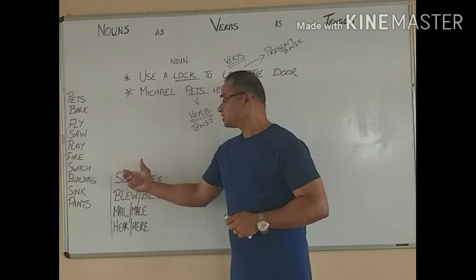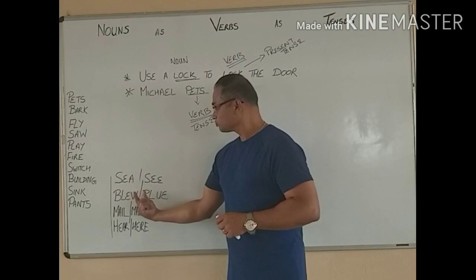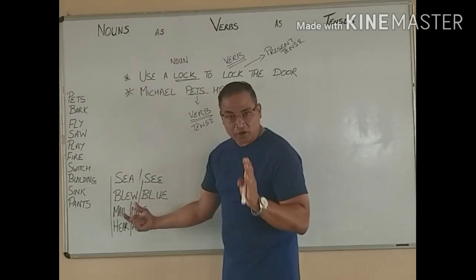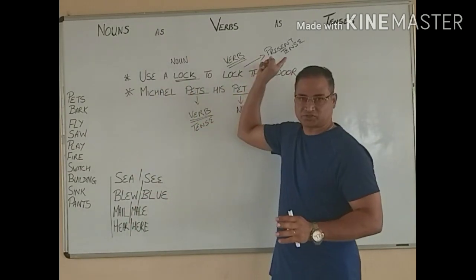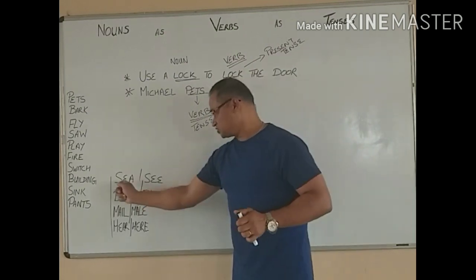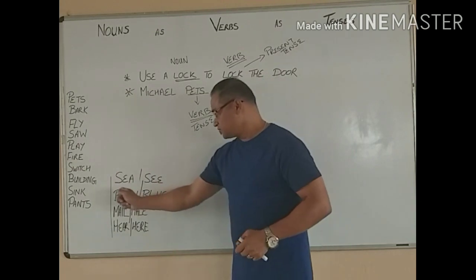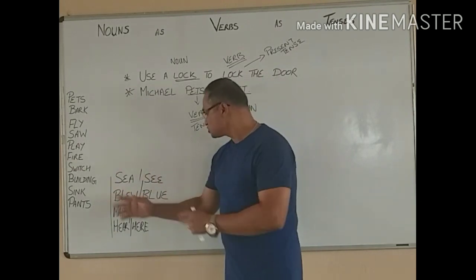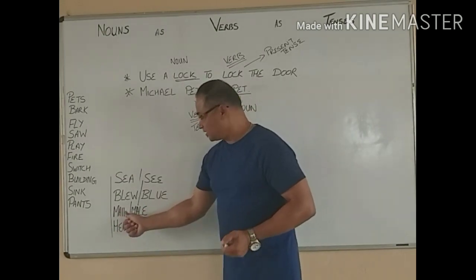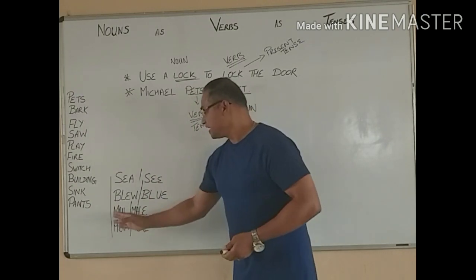Now, my dear friends, I have a small list of words here which sound the same but are totally different. And these words cannot be used like this, as a noun, as a verb, and as a tense. Okay, I've got S-E-A, a noun, S-E-E, an action, B-L-E-W, an action, B-L-U-E, a color, M-A-I-L, mail, and M-A-L-E, a gender, H-E-A-R.